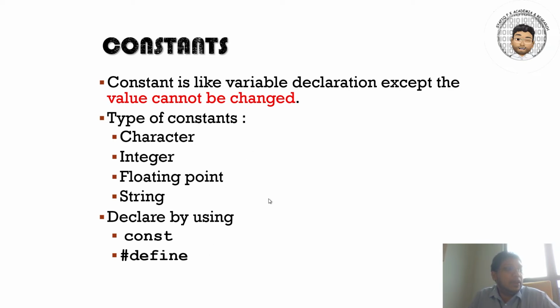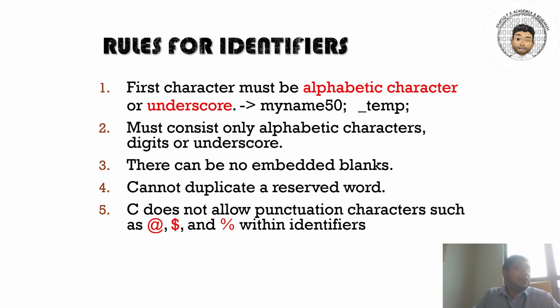However, you can use a different kind of declaration, for example constant or define. You can define pi equal 3.1415. That means you define pi equal 3.1415, so you don't have to write 3.1415 when you want to multiply with pi. You just write pi. There's an example I will mention later.